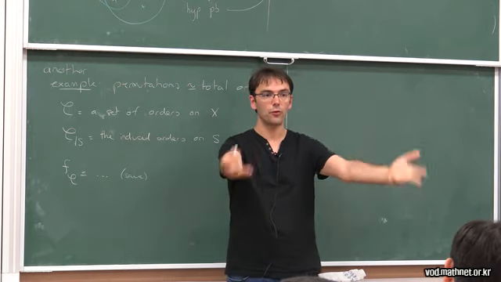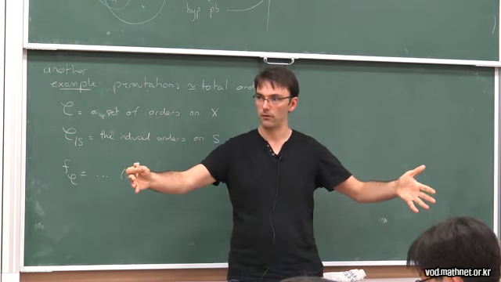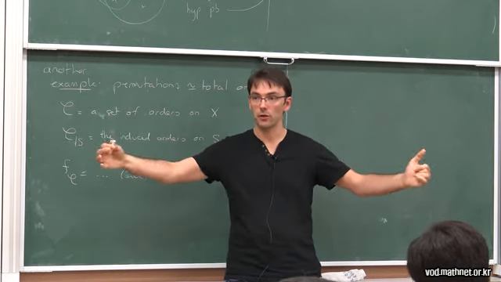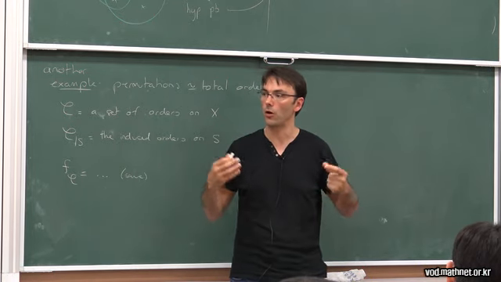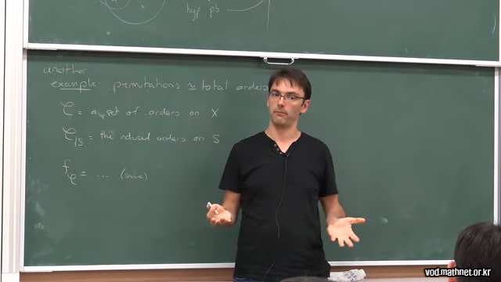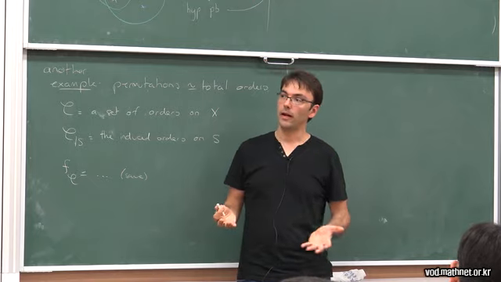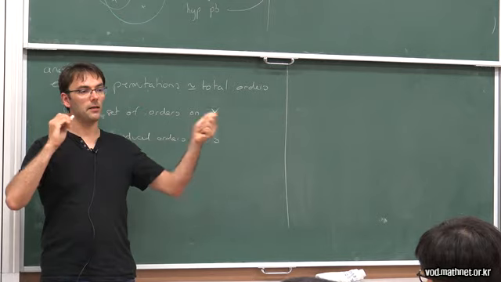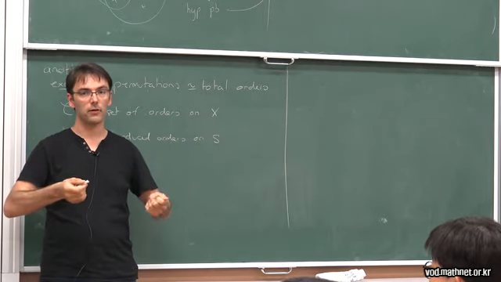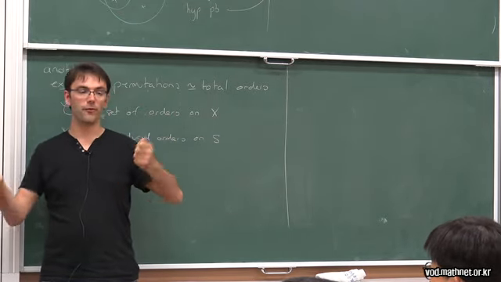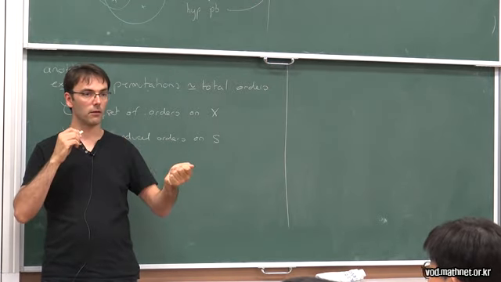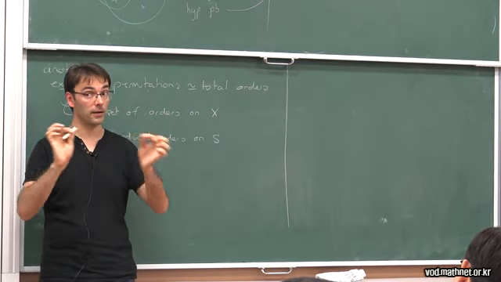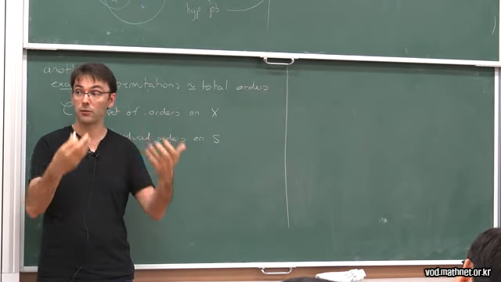You ask every voter to rank them, to give a total order. And then you try to turn this set of n permutations into one single permutation that somehow represents what the majority wants. A very naive approach would be to say, let's look at two candidates i and j, and look at whether a majority of people prefer i over j or j over i. Every voter has a permutation, so every voter compares i and j. So you can perhaps take the majority.